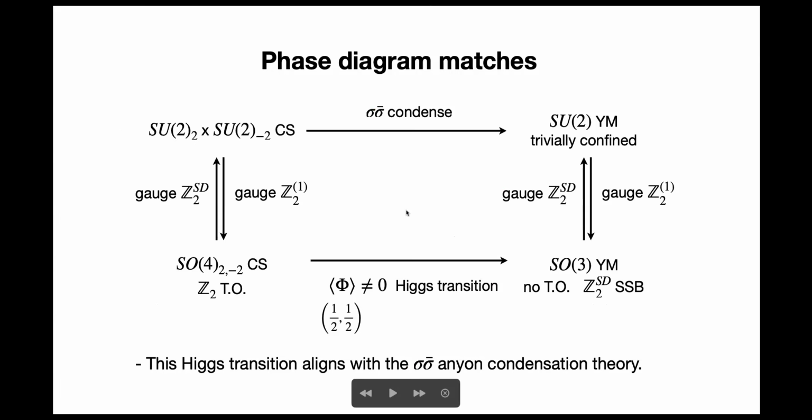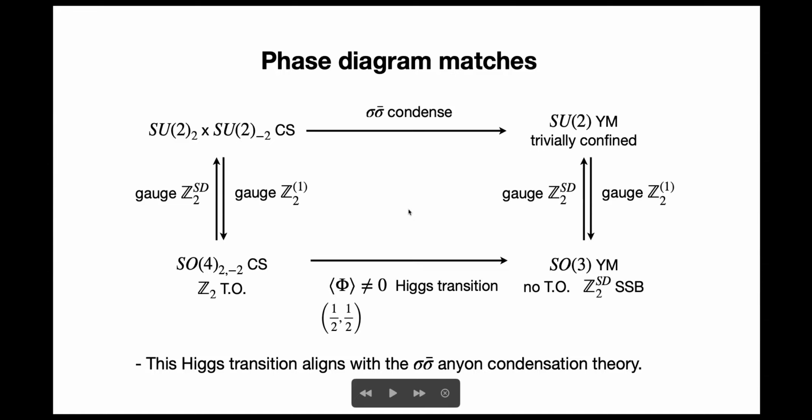So let's recap what we have done, and how we established that this diagram works to describe the self-dual transition. We start with this SO4 Chern-Simons theory at level 2, -2. It describes these two topological orders. If along one direction you gauge the global symmetry, you get the double SO2 Chern-Simons theory.